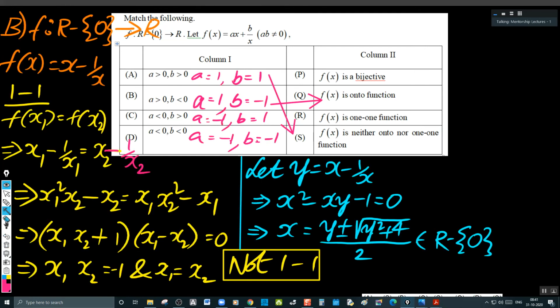Now I am removing these values because by now you might have understood. Now what about A less than 0, B greater than 0? This is C. Now you have to take this as minus x plus 1 by x.